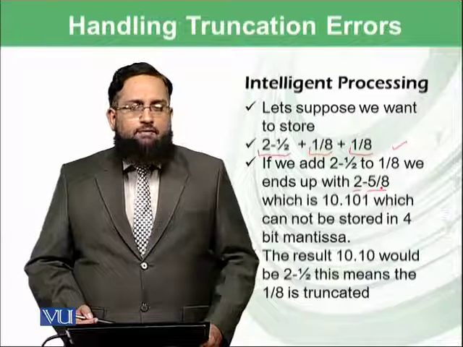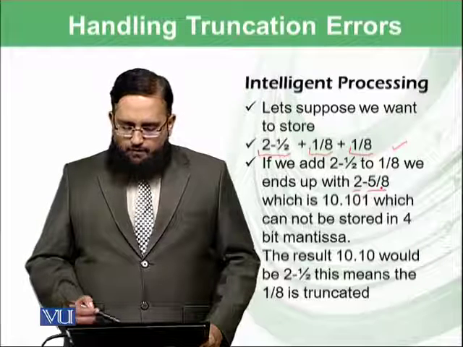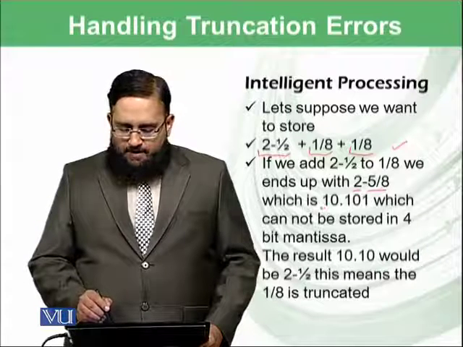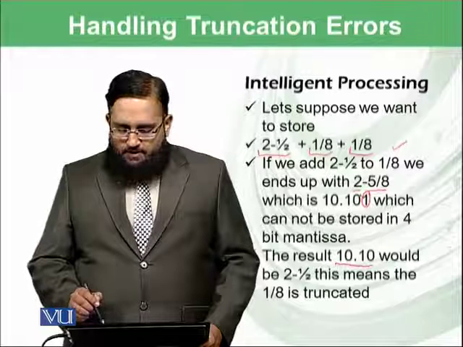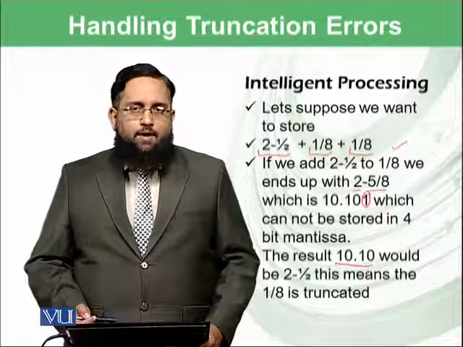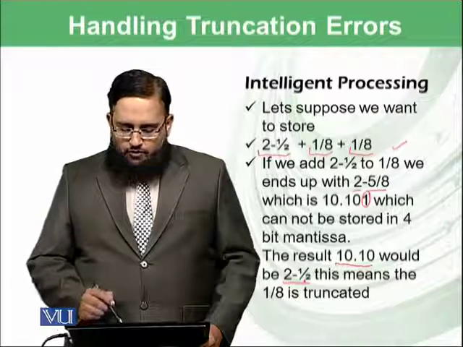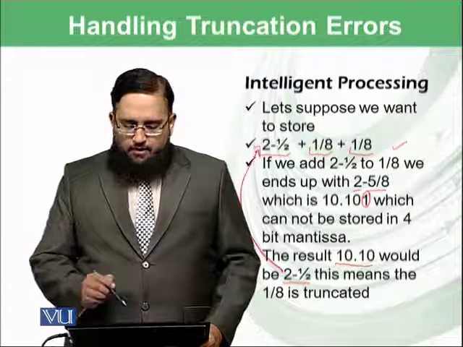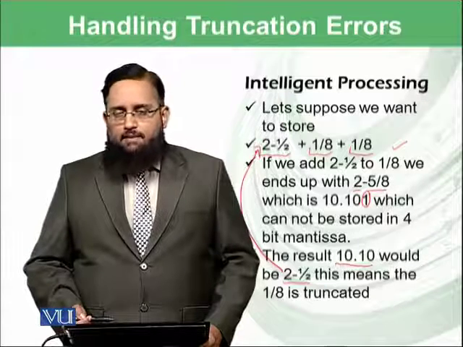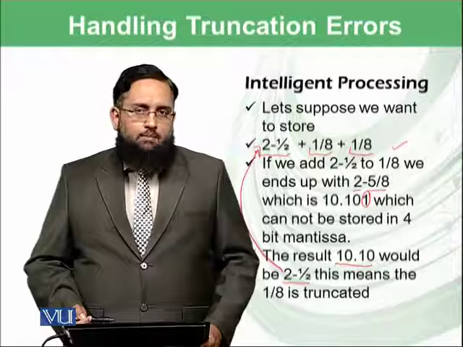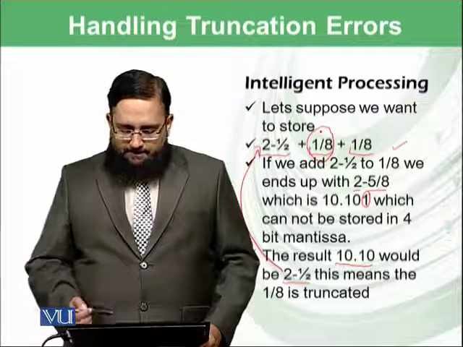And we have learned in the previous example that we cannot store 2 5 by 8. So we will remain with 1010 because the last bit will be lost. If 10.10 is stored, that will remain 2 whole 1 by 2. This means whatever we wanted to add of 1 by 8, that addition has not taken place, and we are left with the same number 2 whole 1 by 2, and this 1 by 8 has been truncated.